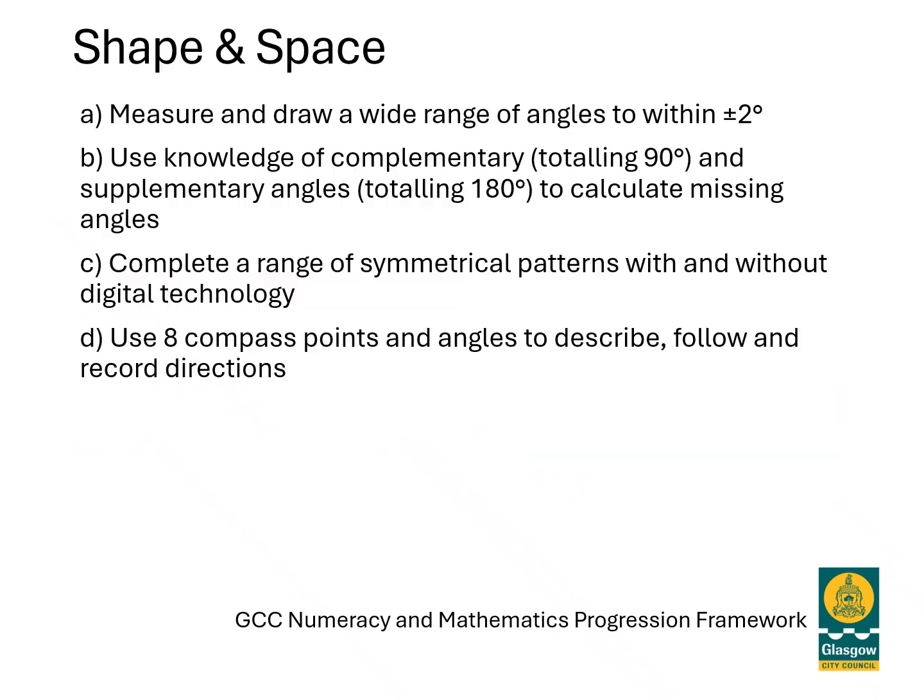Moving on then, we have 2 beyond number topics in this block, and that's the same across each block of the progression. We revisit shape and space again when we get to block 4. We've also got data handling teaching points in this block, and that topic will come back 4 times across the year.